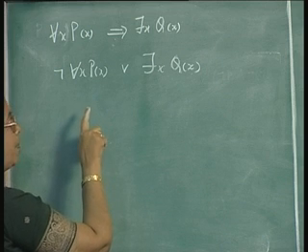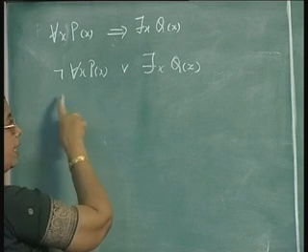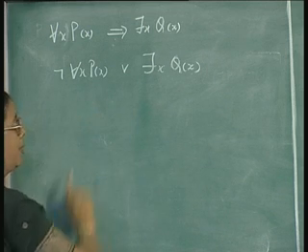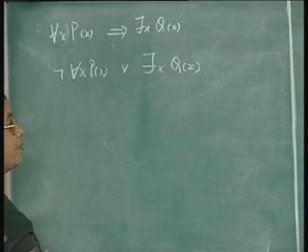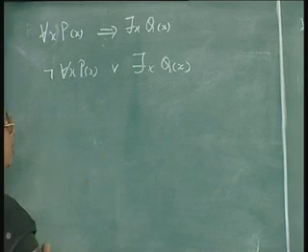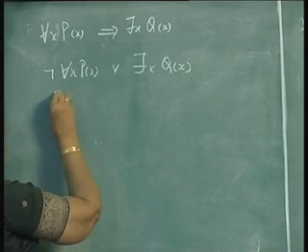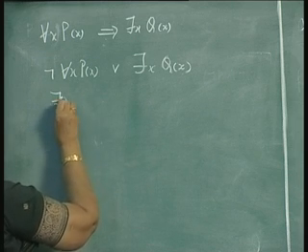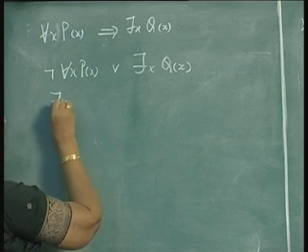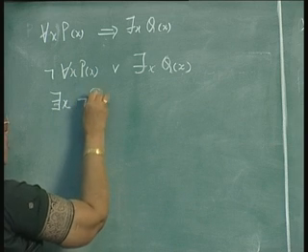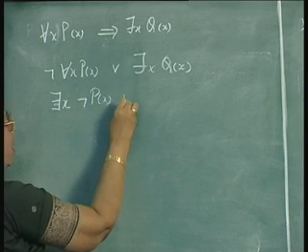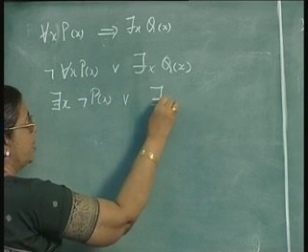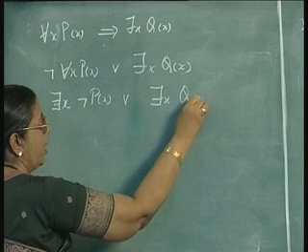Now, the next step will be to bring the not nearer to the atom. P of x and q of x, they are the atoms. So, how will you bring the not inside? When you bring it in, for all of x will become there exists x. So, you have there exists x not of p of x or there exists x q of x.